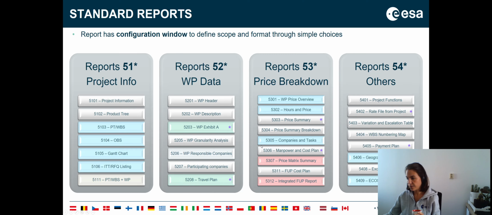Then the 5306 manpower and cost plan. If you remember, this is corresponding to our PSSA 10. 5303, the price summary. So this one is, I believe, the PSSA 6. Then 5402, you have the rate file from project.